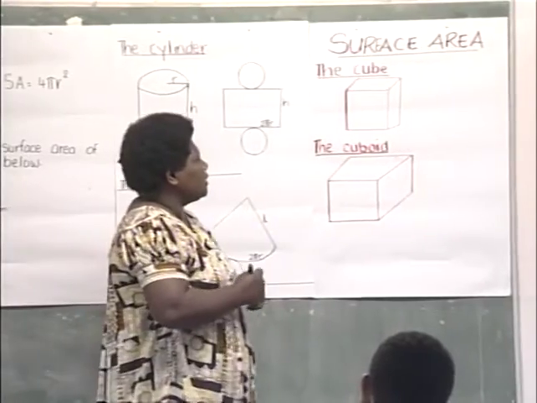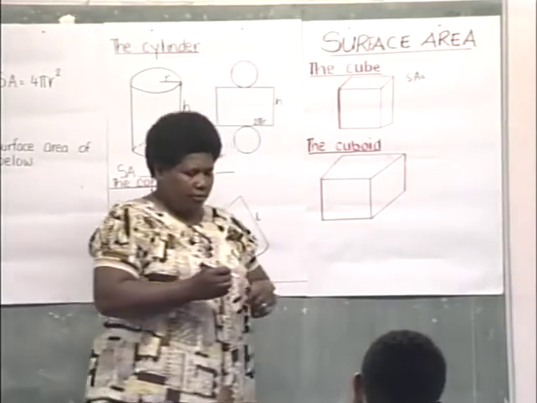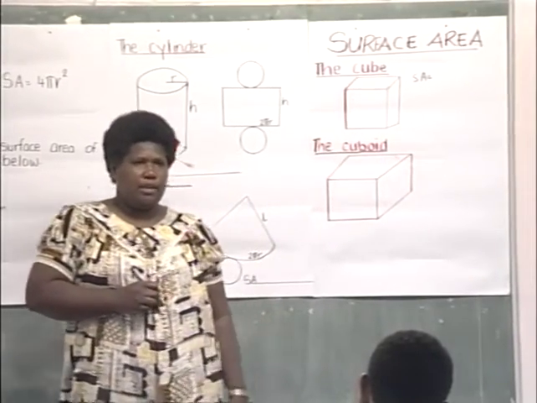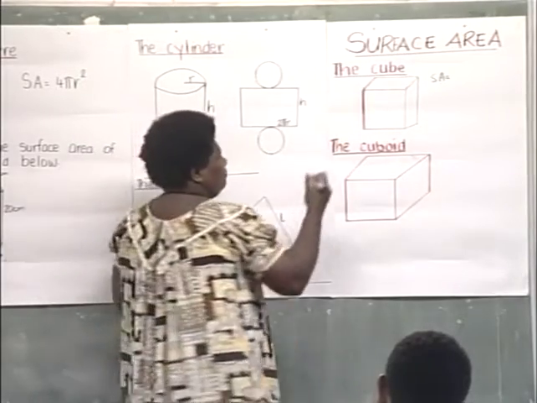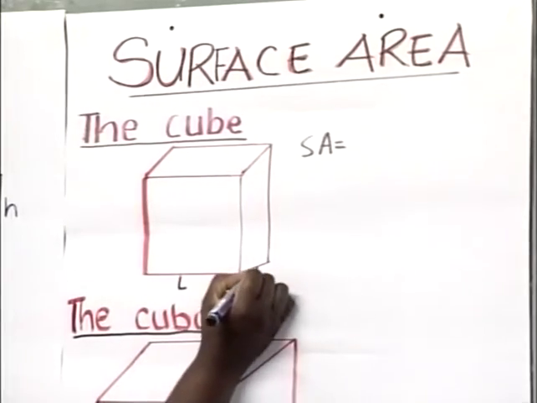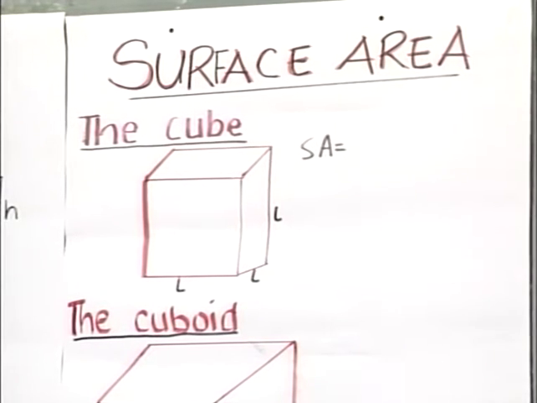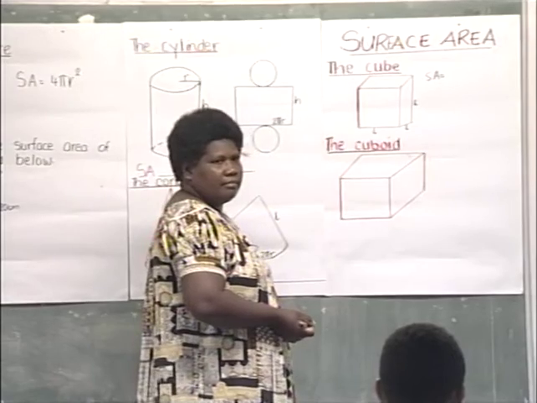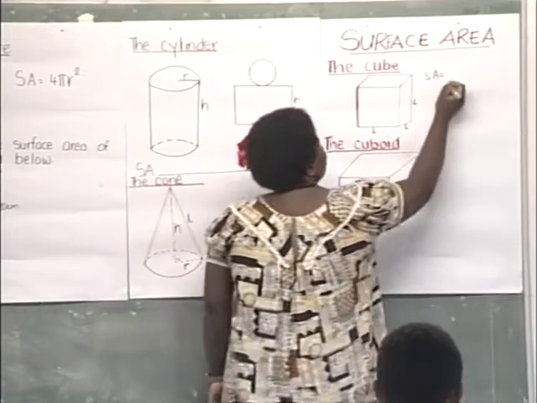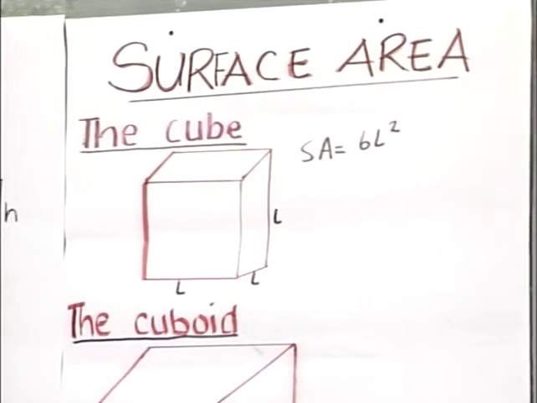Okay, if there are 6 surfaces, what is the formula for the surface area of a cube? Okay, if L and L. 6L squared.